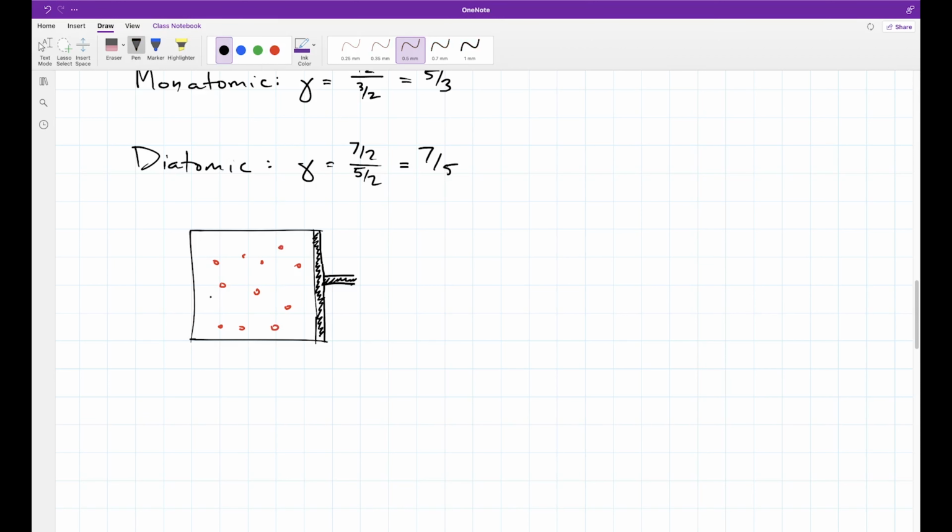Then we would start adding heat to the box. And we could do that by adding in a heat source here somewhere. And we could measure its temperature. So we could have a little thermometer in here, and some sort of heat source over here.